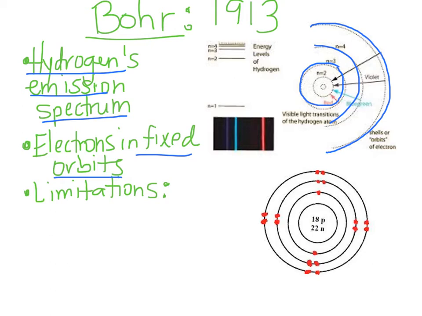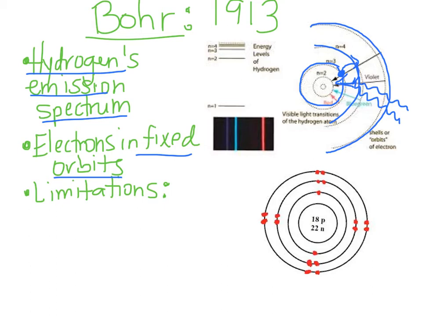He noticed that whenever he would energize a hydrogen atom, he just assumed, well, it's going to hop up an energy level, and then when it comes right back down, it's going to have to give off that energy. And he was right, because when this happened, that would give off colors of light.